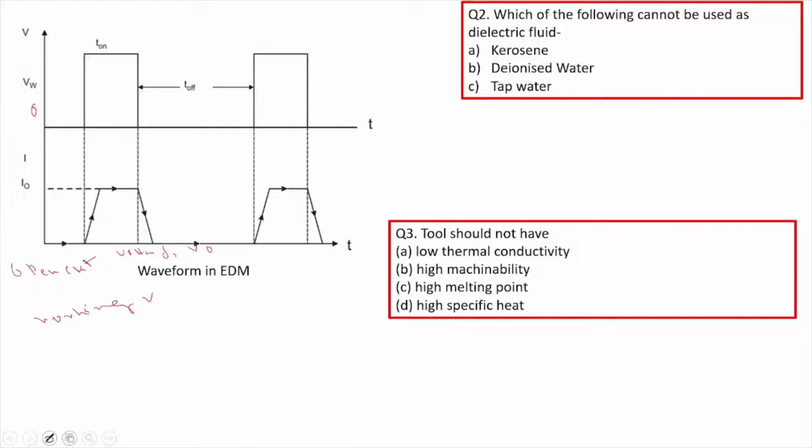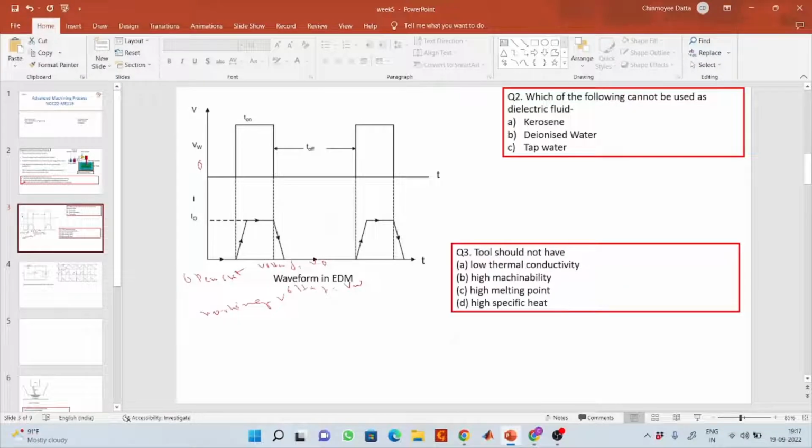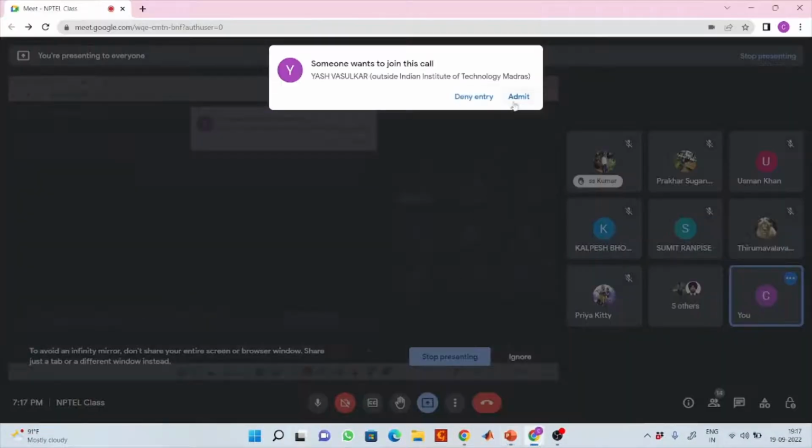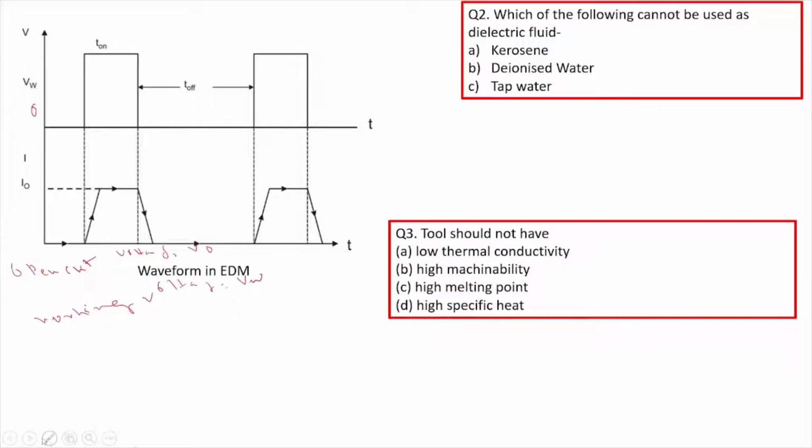So, working voltage is VW. Those are the process parameters. I'm also mentioning the maximum current, which will be IO, and pulse on time and pulse off time we'll see later.